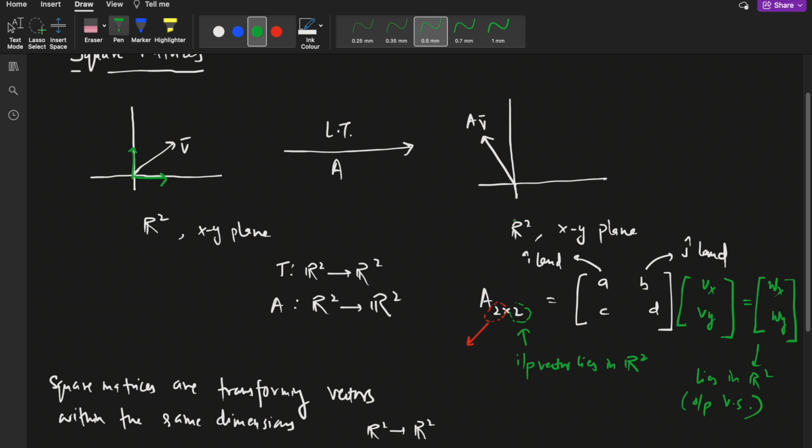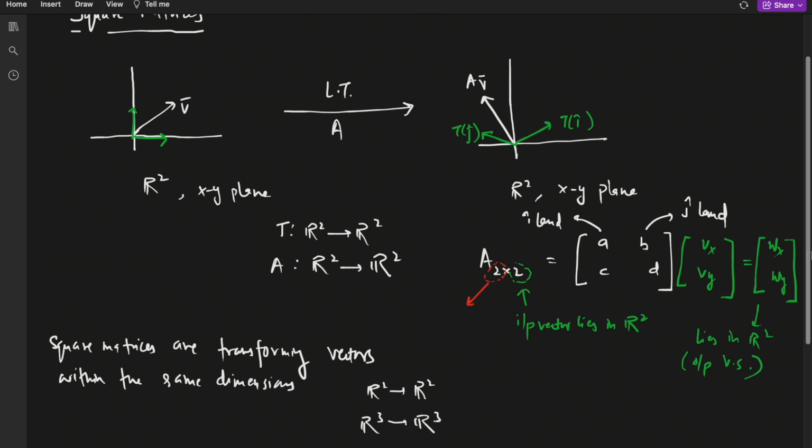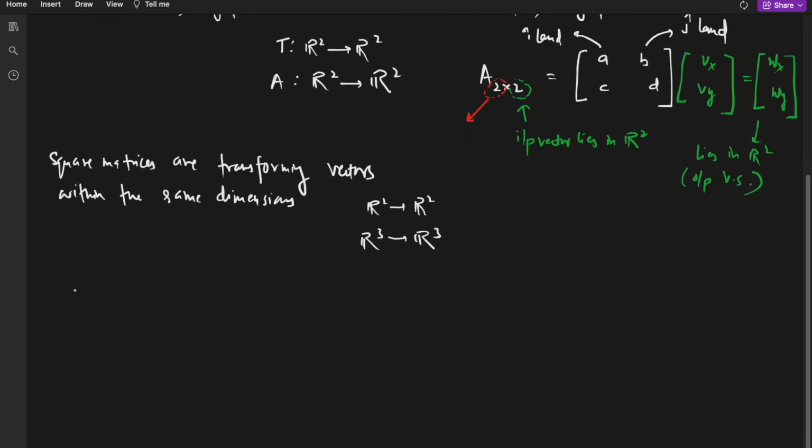After the transformation, because they are still in R2, they have two coordinates, AC and BD. They are still in the same plane, the XY plane. So this makes sense. Then what are non-square matrices?